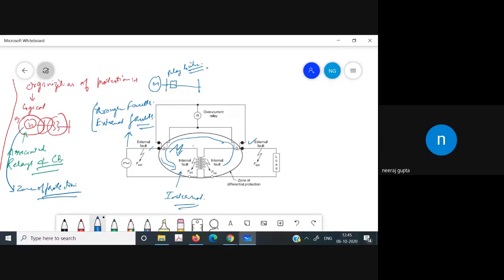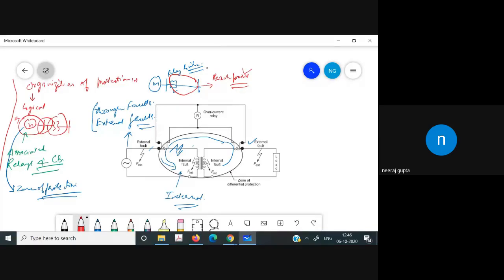The relay will protect the system within that particular zone. This is the relay, and this is the farthest point, which is known as the reach point.